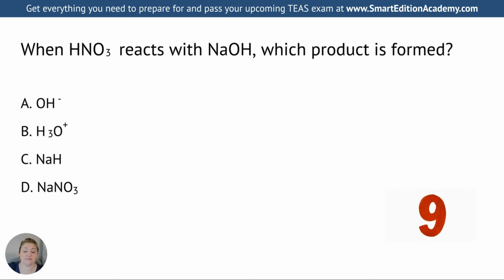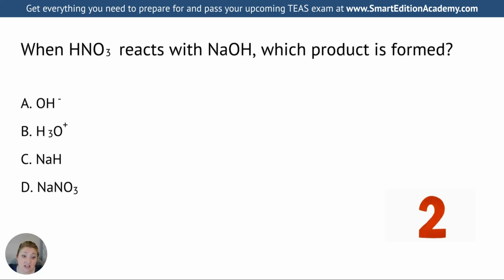Here's our next one. When HNO3 reacts with NaOH, what product is formed? Again, we have an acid-base reaction. When acids and bases react, they neutralize, and they make a salt and H2O.